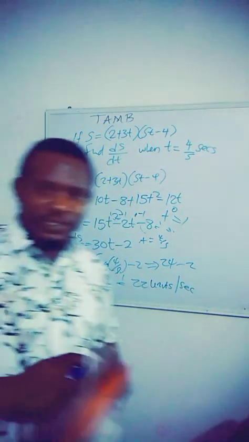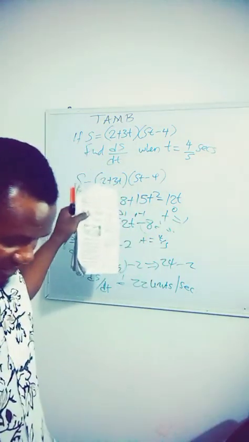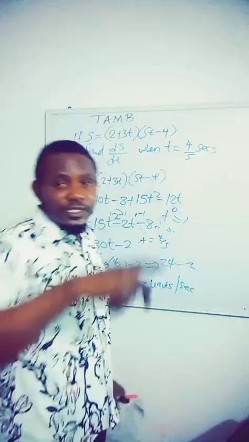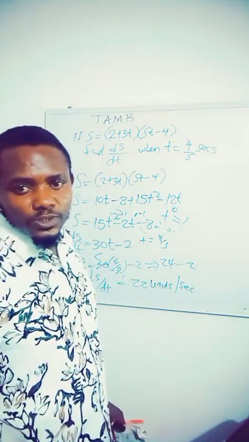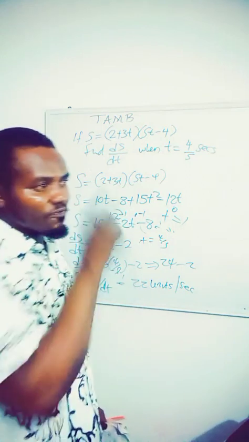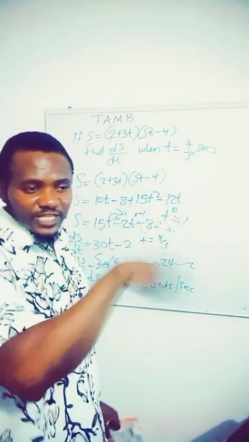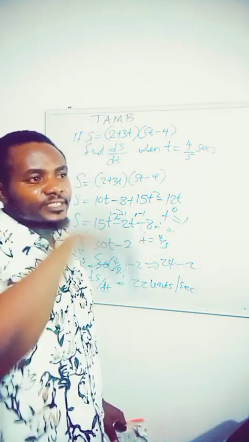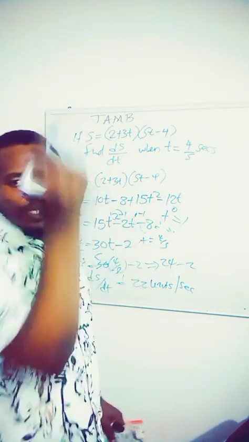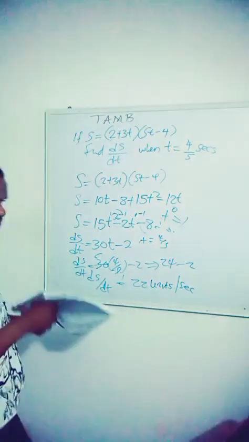So just know this, that in physics, when you differentiate distance, it's going to give you velocity. You know, velocity is distance over time. So if you integrate velocity, you are getting distance. So that is how we roll.